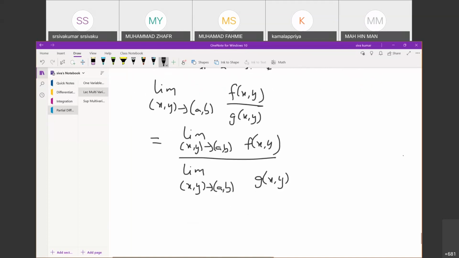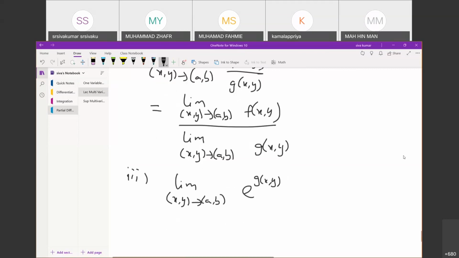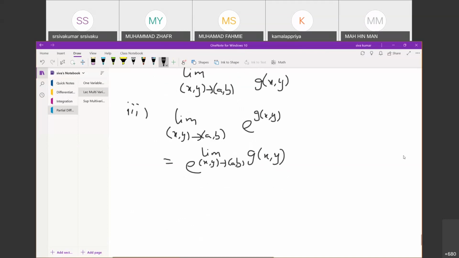Number 3, another simple rule. For the limit (x,y) approaching (a,b) of e to the g(x,y), the limit can go up into the exponent: e to the limit (x,y) approaching (a,b) of g(x,y).